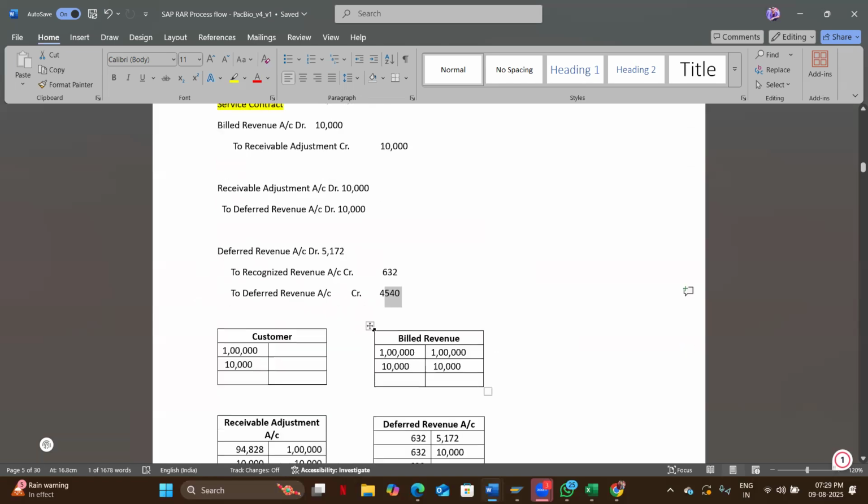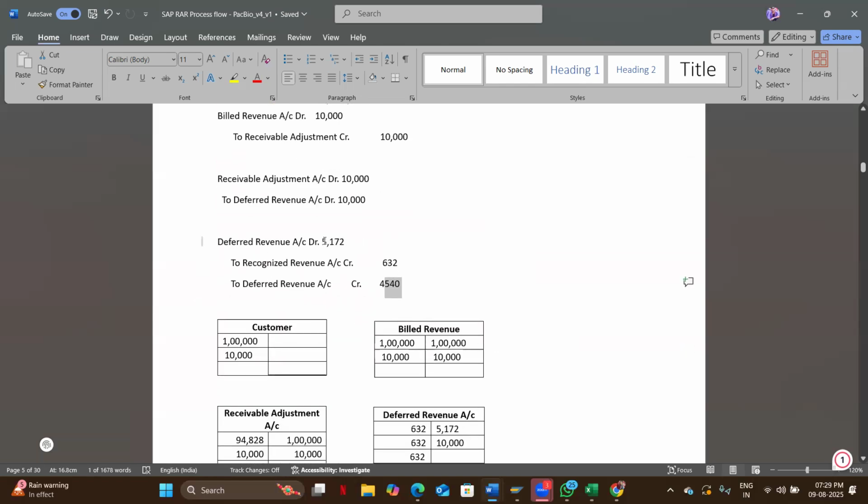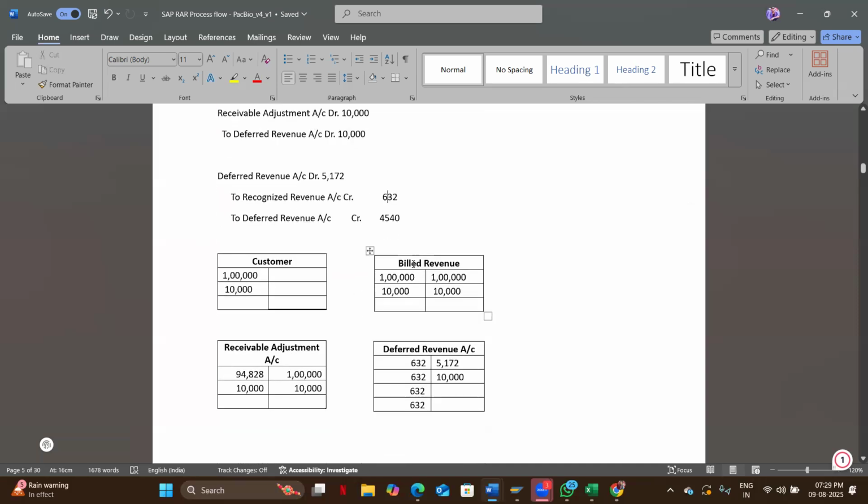Both will adjust like that. After the deferred revenue is complete, this 5,172, it will be taken from the other deferred revenue, which is 10,000. Okay, we have two deferred revenues, one is 5,000 and one is 10,000, so both need to be recognized per month, 632 point something.